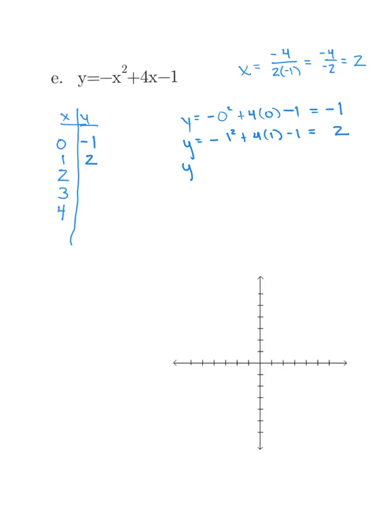If I plug in 2, I get minus 2 squared plus 4 times 2 minus 1 equals 3.